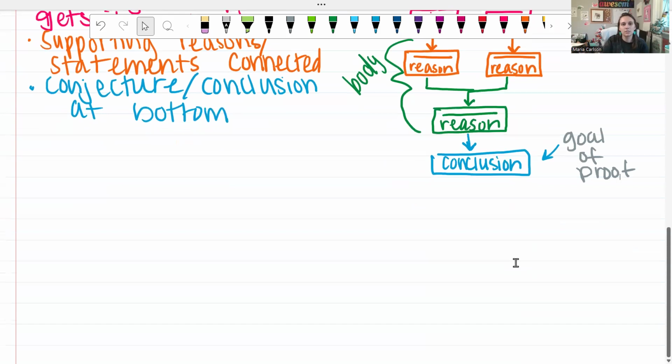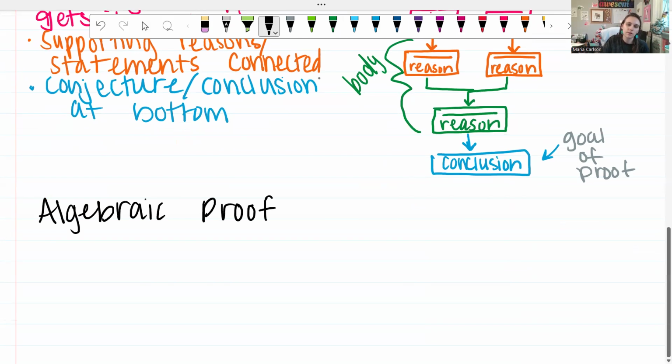Okay, I want to now talk about algebraic proofs. And algebraic proofs can be made in one of the styles. I could do an algebraic proof using a two-column structure, using a paragraph style, using the flowchart proof.